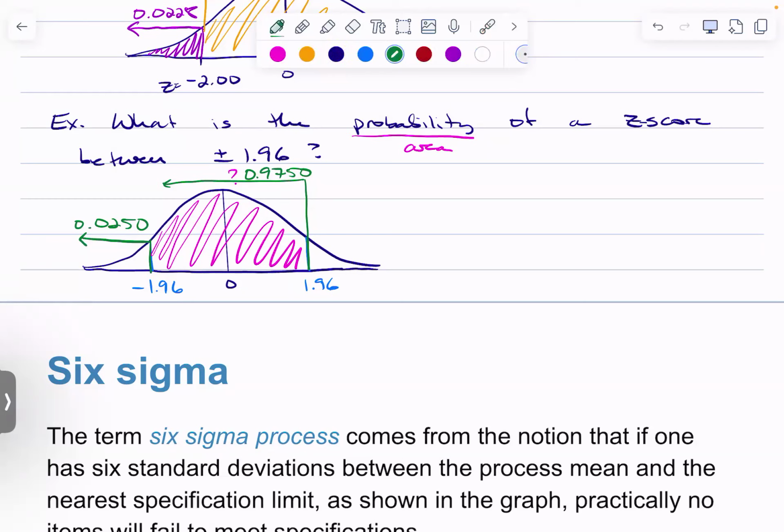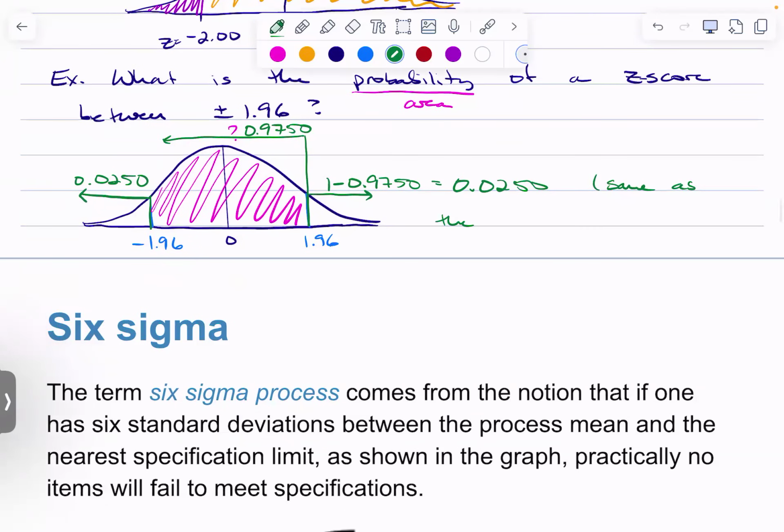And so this area here is going to be 1 minus 0.9750, which I really hope is the same as the other side by symmetry.